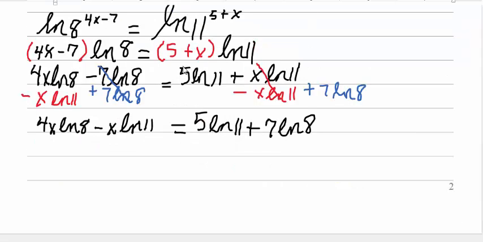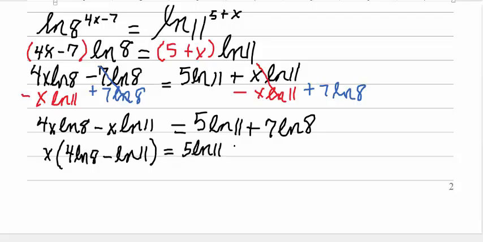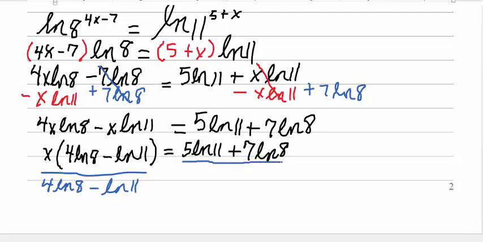I'm going to factor out an x on the left side. X is multiplied by 4 times the natural log of 8 minus natural log of 11. So I'm going to divide both sides of the equation by what x is being multiplied by, and that allows me to solve for x.